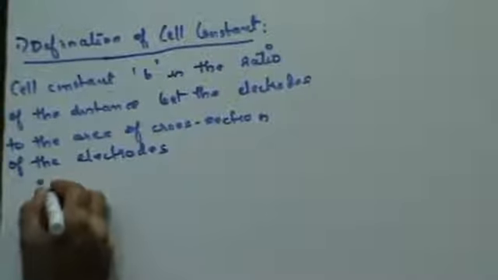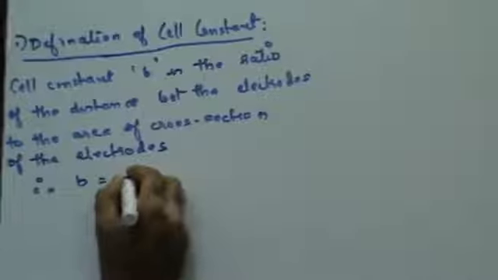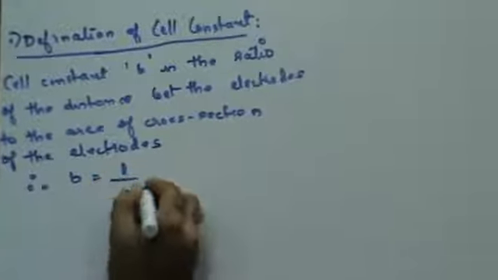Right? Thus, I could say that cell constant B is nothing but L upon A.